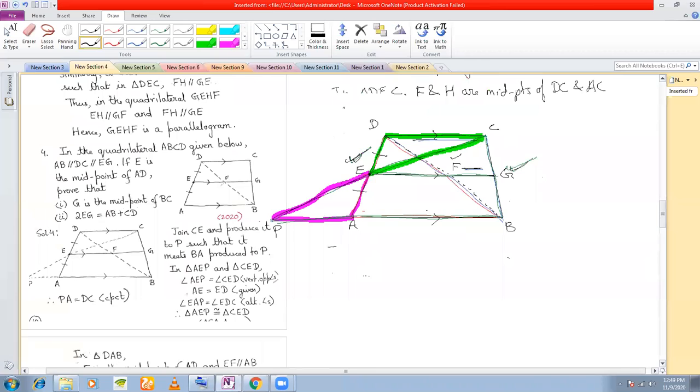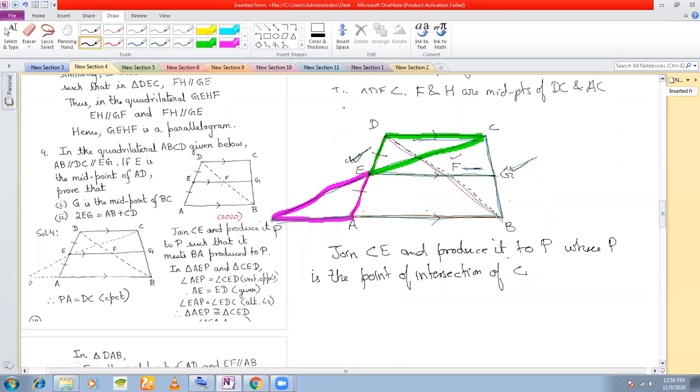So first of all, in that big triangle, you produce CE. So you write here: join CE and produce it to P, where P is the point of intersection of CE produced and BA produced.